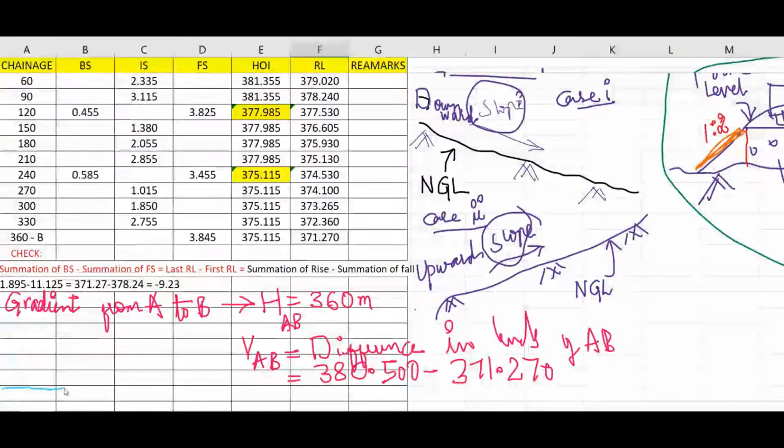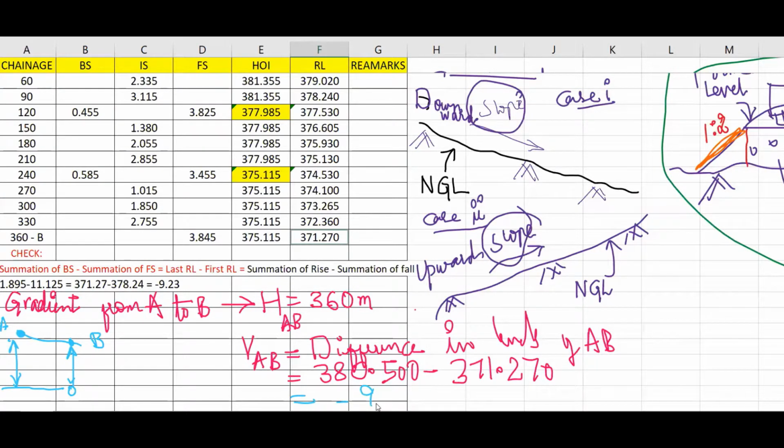If you take a certain zero elevation, your A point is at 380.500 meters, and the B point is a little bit down, at 371.270. The minus value comes because it is a downward slope. The vertical distance is minus 9.23. I calculated the vertical distance by taking the difference of these.